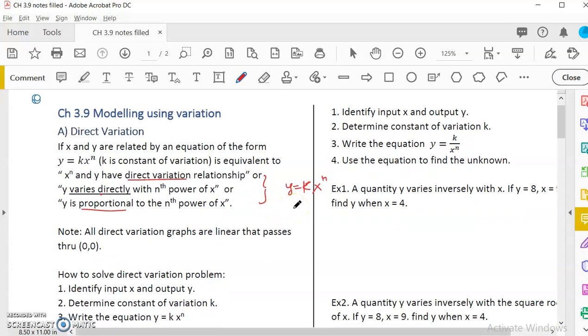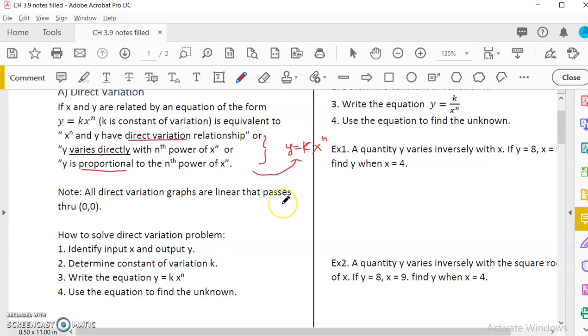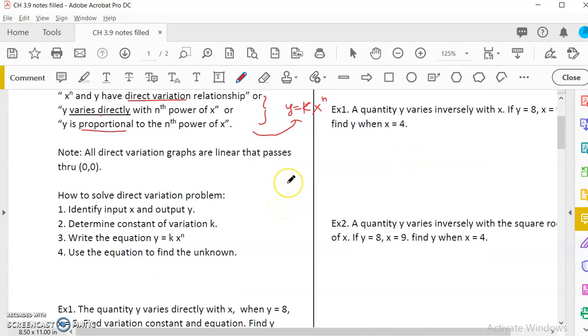So long as the math sentence says direct variation or proportional, you can immediately translate it into an equation like that. And a direct variation graph is also linear and passes through (0, 0). When I say linear, I mean kx, of course.